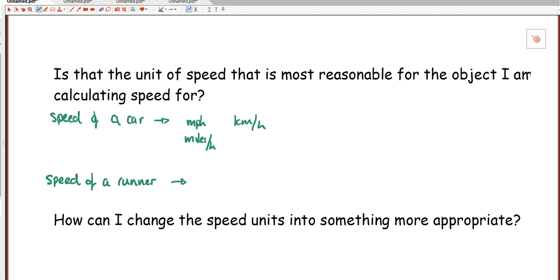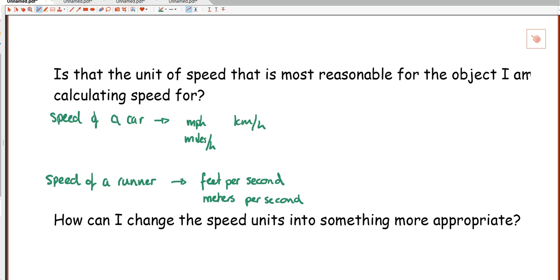So how much distance happens for how much time? What did we do it in for your homework? We did it in feet per second. Another option, I would say, would be meters per second for our runner.